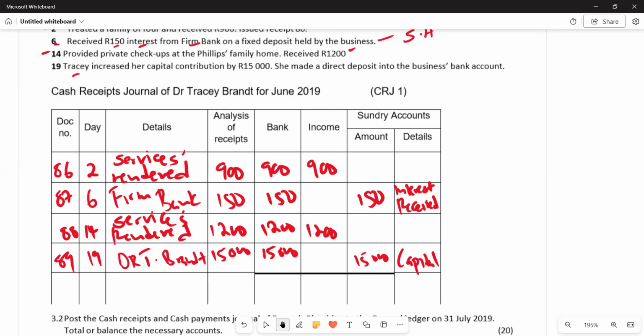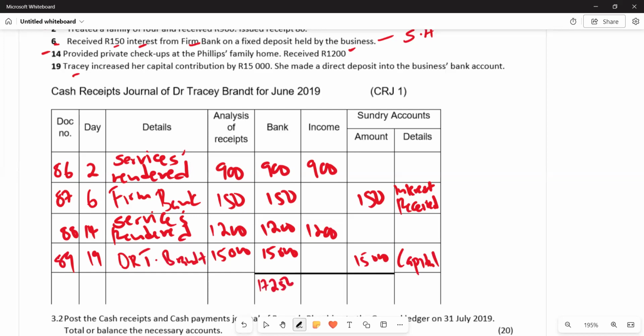So we are now supposed to add the total figures, starting from our analysis of receipts, and then we add the bank column, the income column, and then the amount on the sundry account. Basically, if we say 900 plus 150 plus 1,200 plus 15,000, we are going to get 17,250.